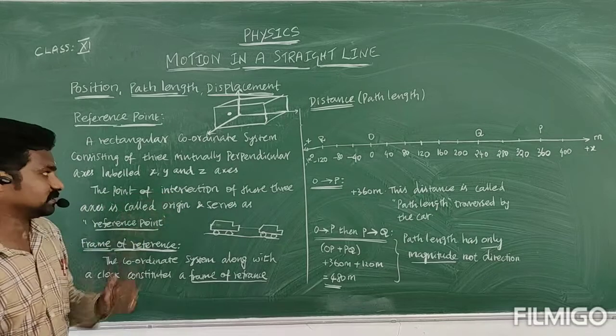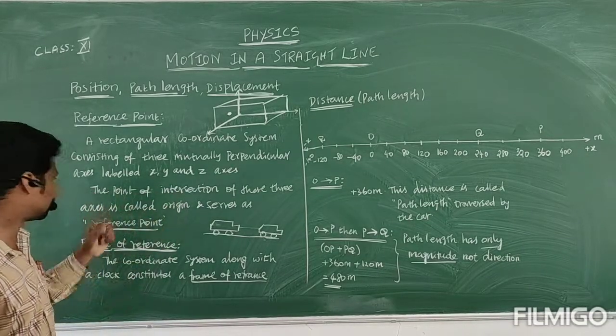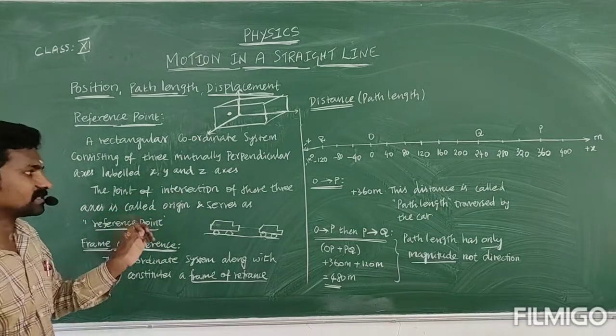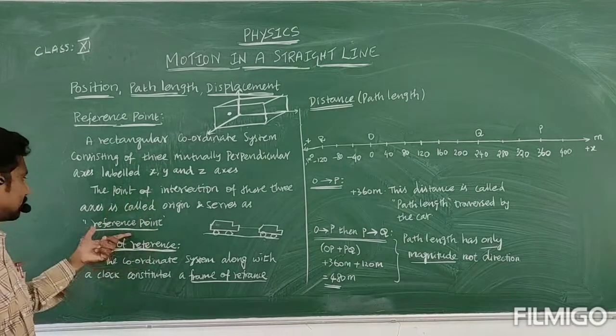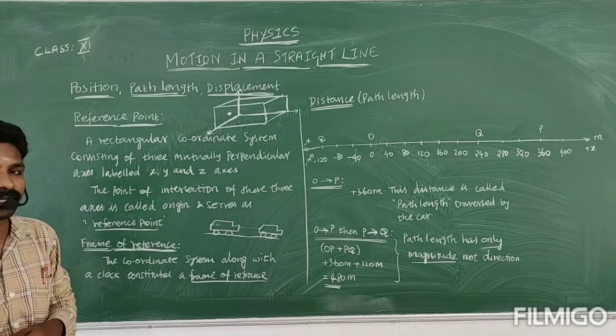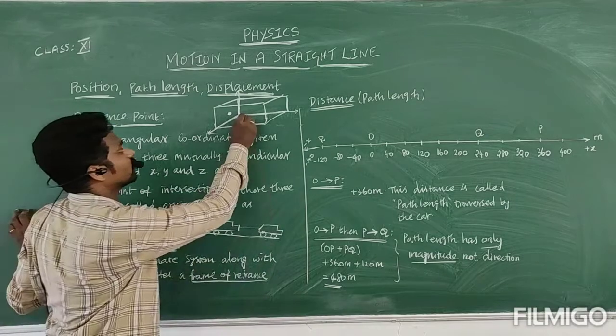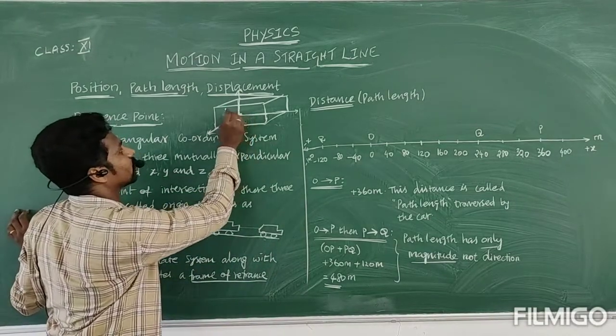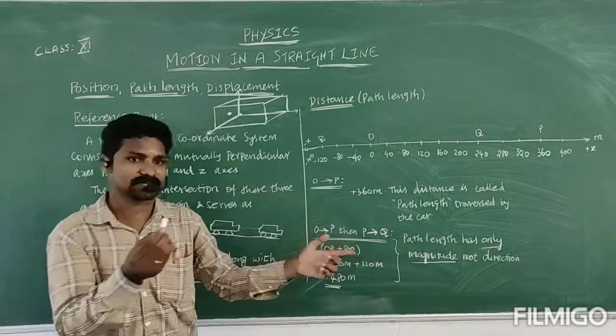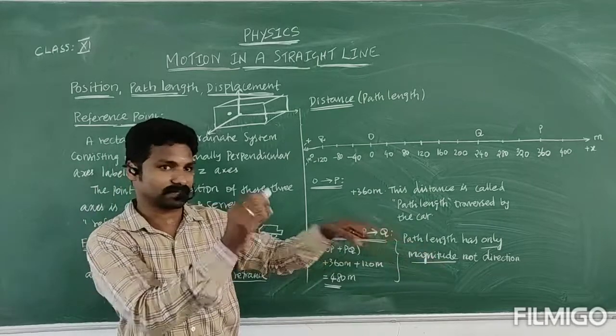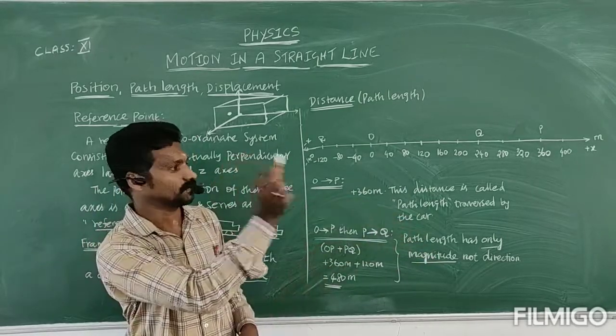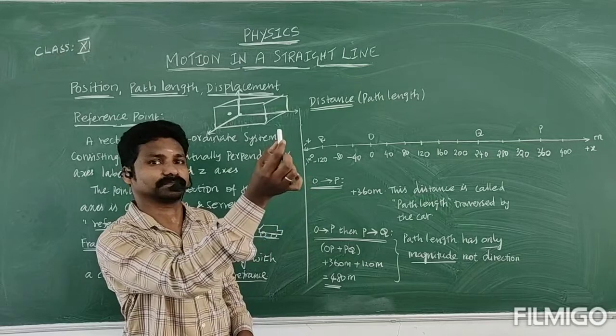The point of intersection of these three axes is called the origin. It serves as the reference point. In the hall, that origin is there, and from that origin the point is here.